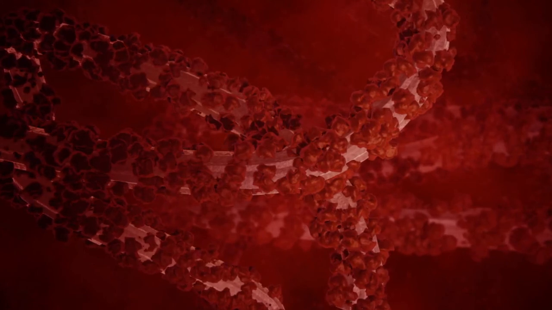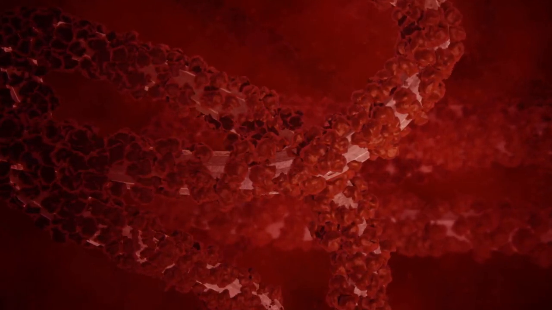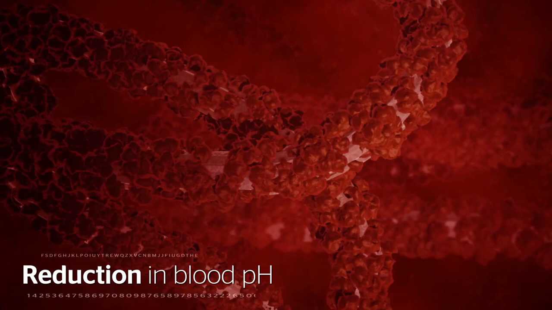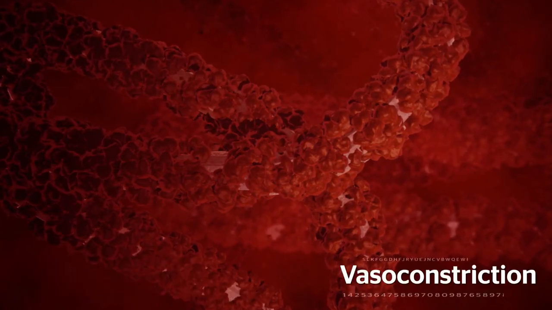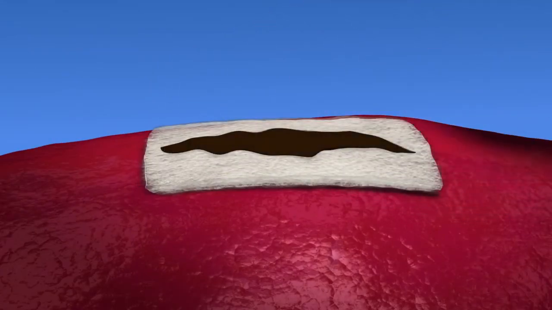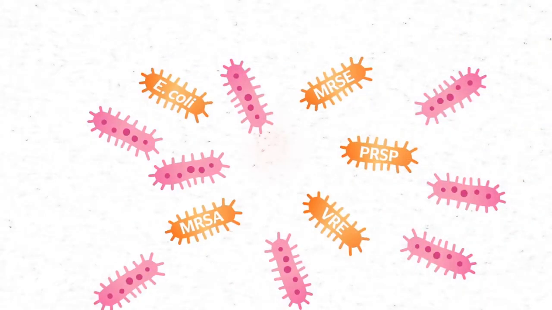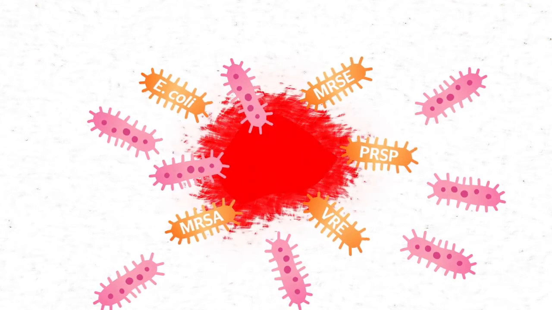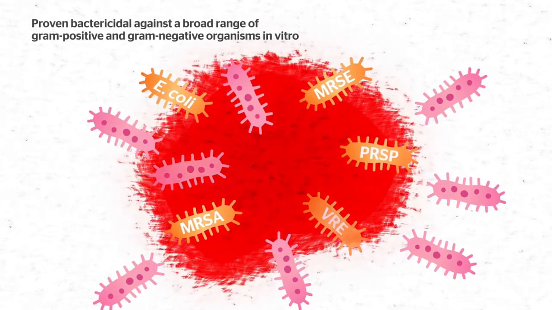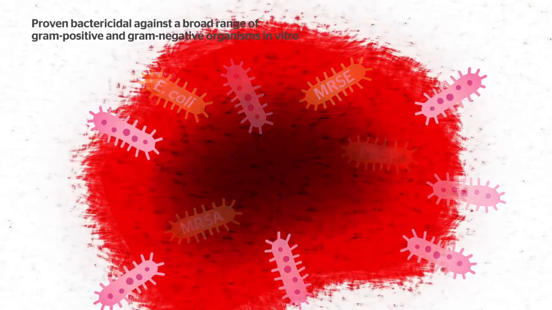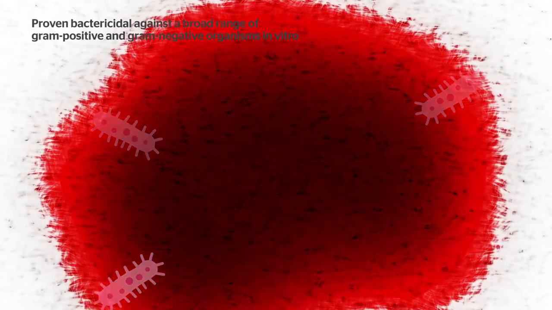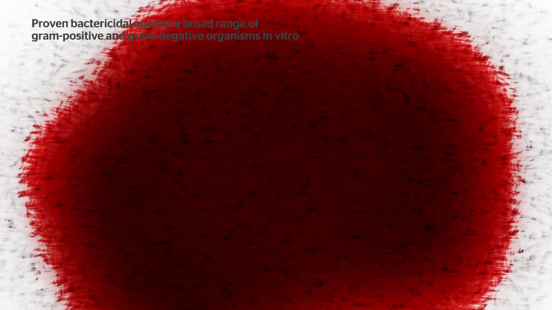At the same time, the interaction of ORC with blood leads to a localized reduction in blood pH, causing vasoconstriction and reducing the rate of blood flow to the area, enhancing platelet activation and adhesion, enabling safe, rapid hemostasis. Localized reduction in blood pH also creates an environment inhospitable to bacteria, resulting in Surgicel's proven bactericidal properties against a wide range of bacteria.